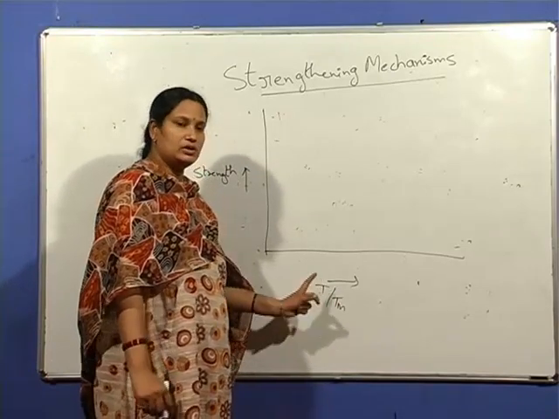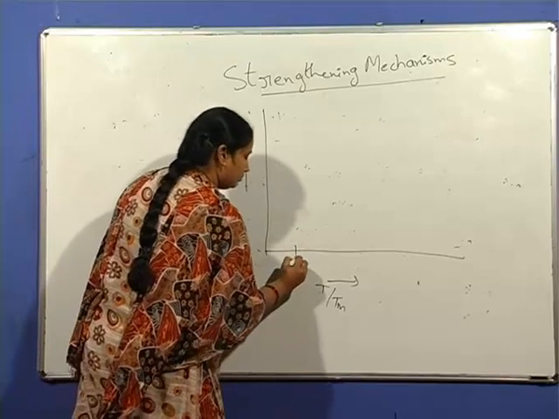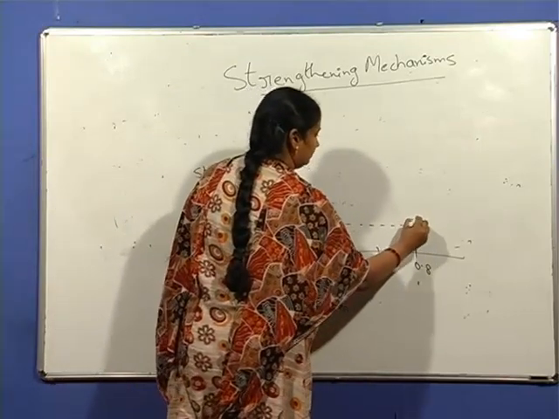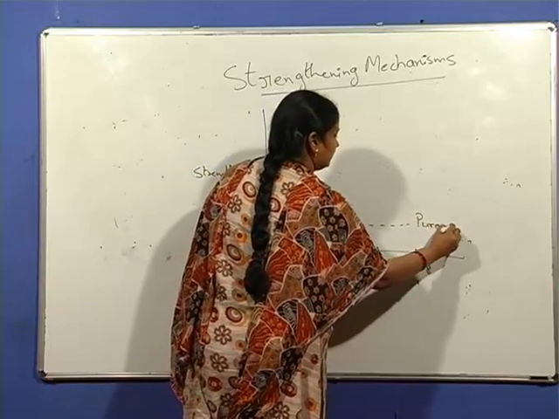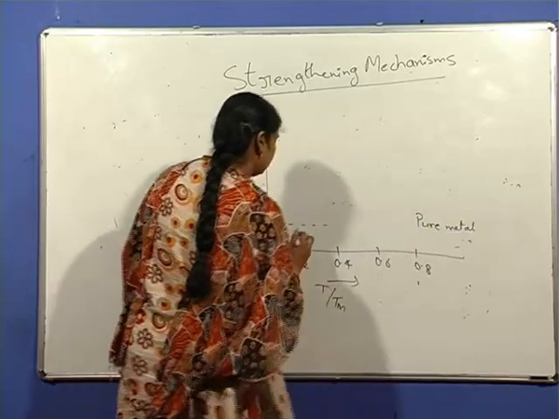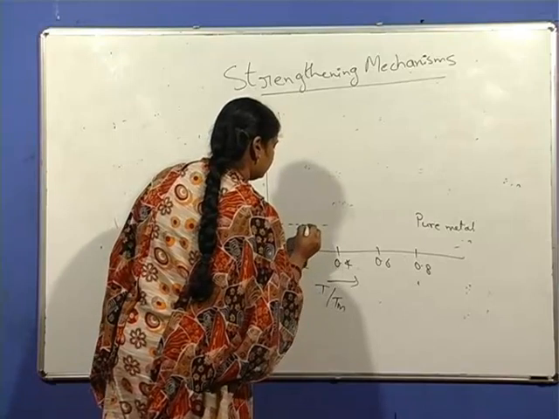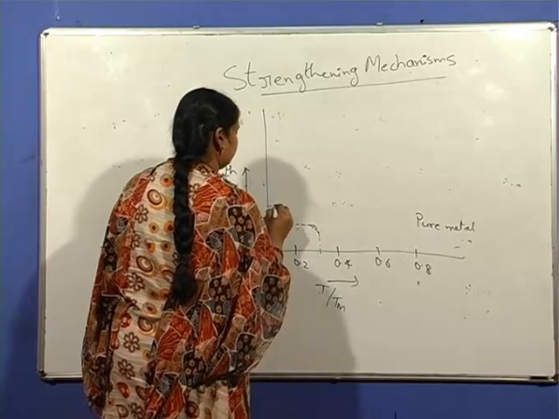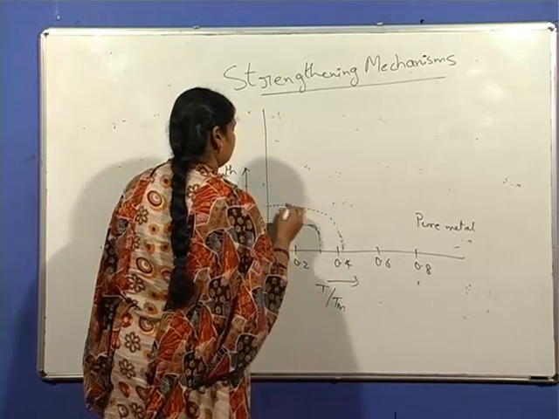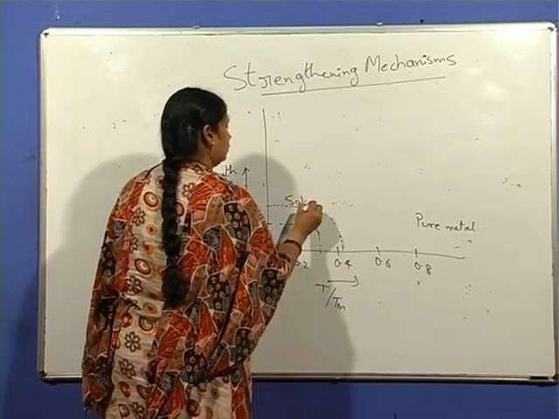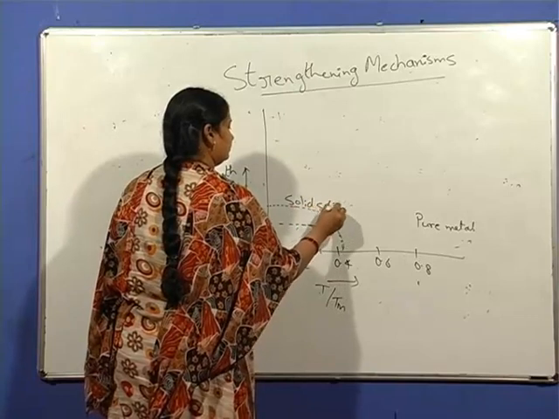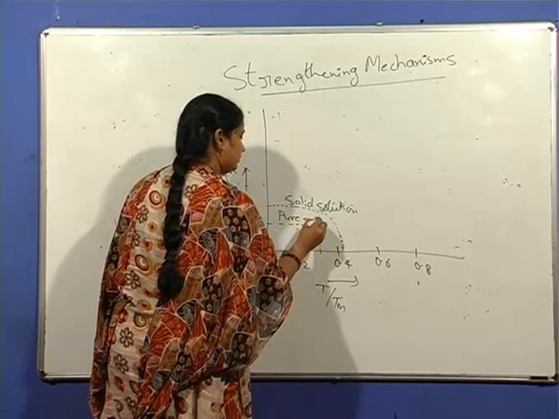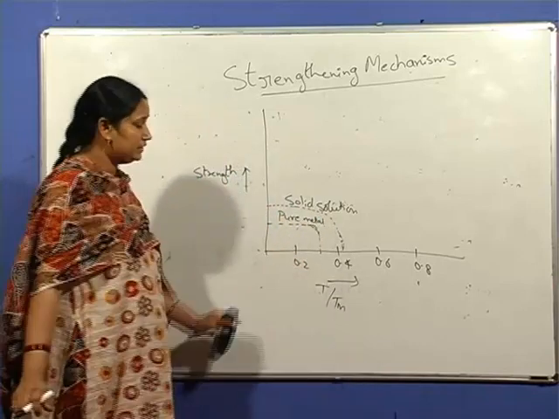This is for a pure metal, which has less strength when compared to solid solution strengthening, where the strength comes down with increase in temperature.